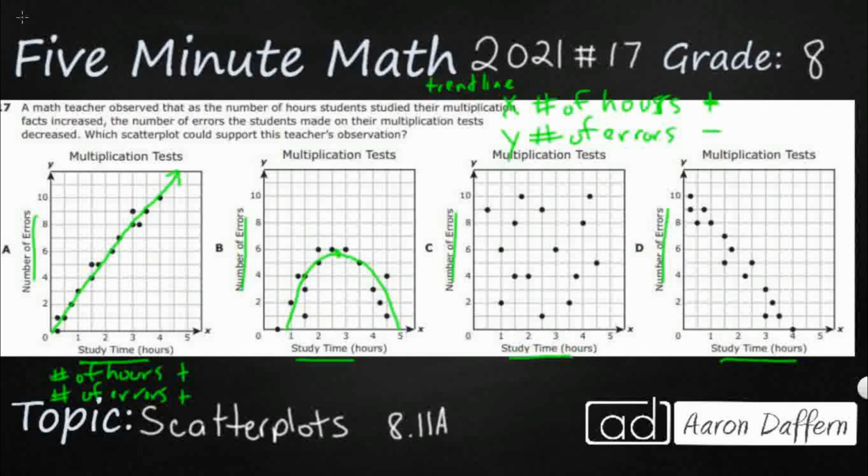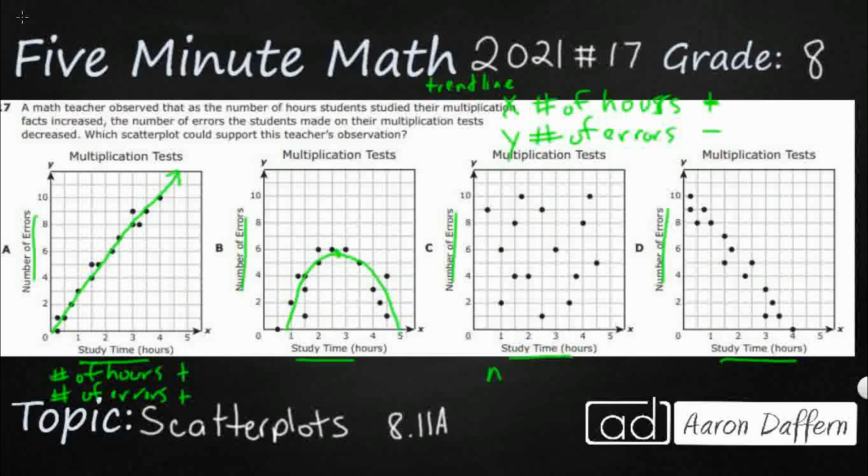Then it actually starts to go down, and as the number of hours increases, the number of errors decreases, but we want it for the entire thing. So this is not a linear relationship because it's curved, so we're definitely not going to choose B either.